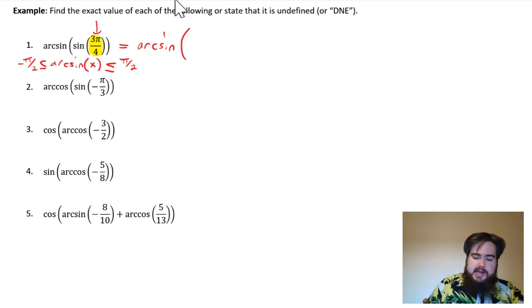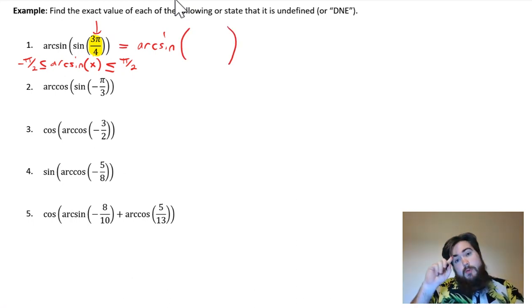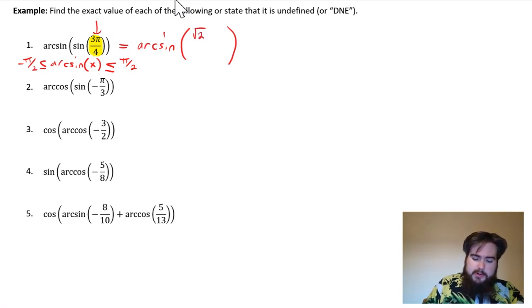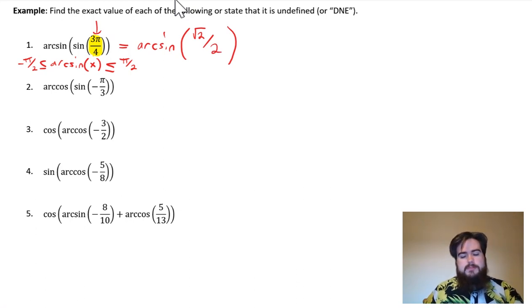Evaluate the inside: sine of 3 pi over 4. 3 pi over 4 being in quadrant 2 means that we get a positive ratio. And sine of pi over 4 for a positive ratio would be square root of 2 over 2. Then work with arc sine of that ratio.